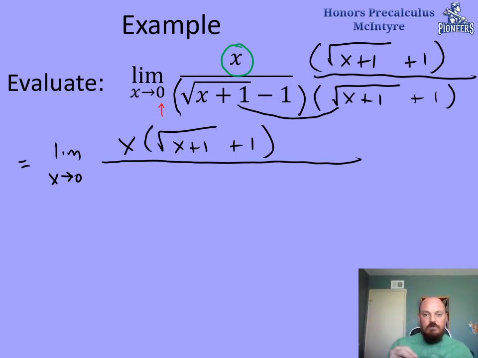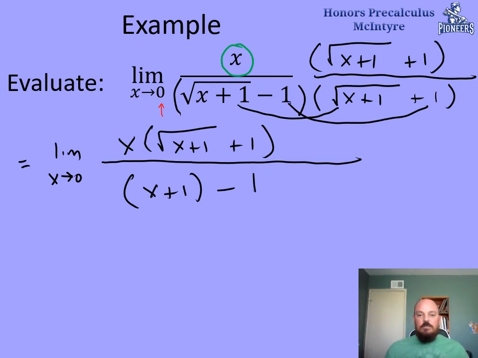So I get the square root of x plus 1 squared, which is basically just a regular x plus 1. Square root times square root gives me a regular number. Now the middle terms cancel, like I said, so I'm just going to skip that part. I would have plus square root of x plus 1 minus square root of x plus 1, and they cancel. And then I do negative 1 times 1, which is just negative 1.